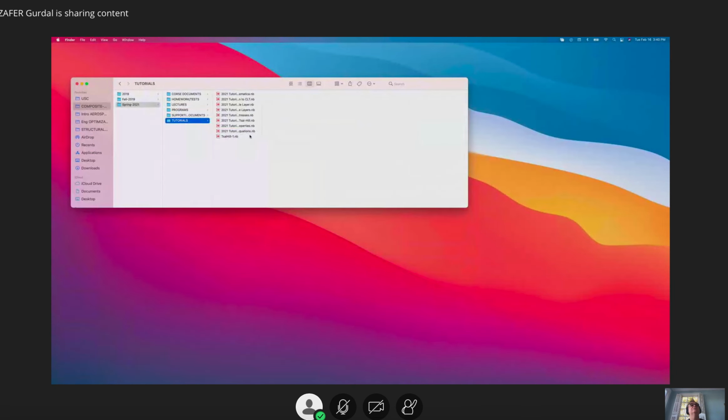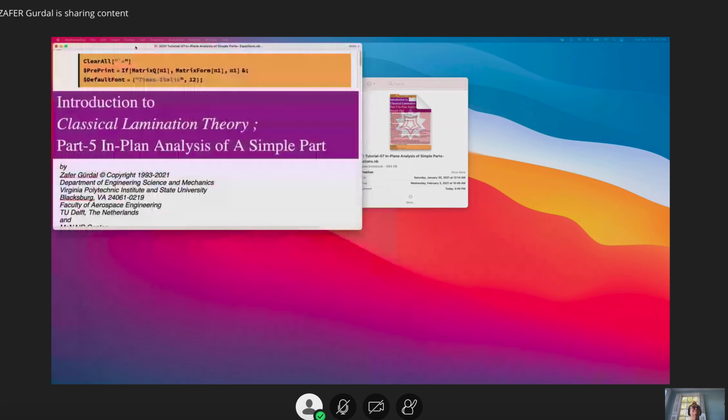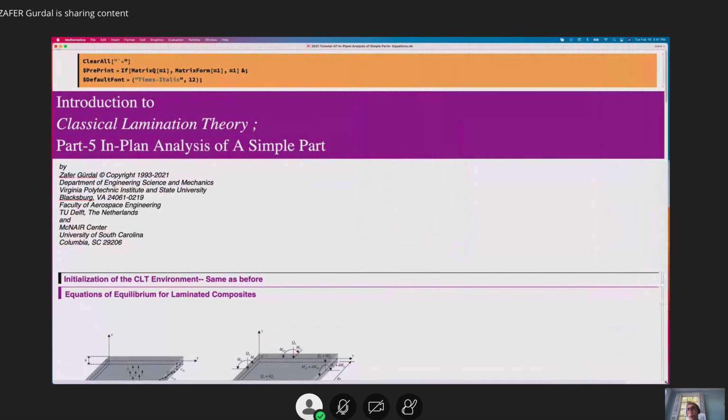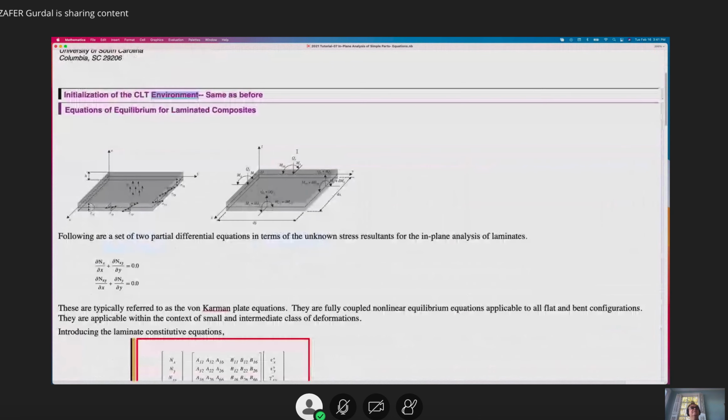But I think I'm going to start doing that with the tutorial version of it, and then I'll show you the lecture version of it. All right, I don't think I need to initialize the CLT environment for this. We'll see.